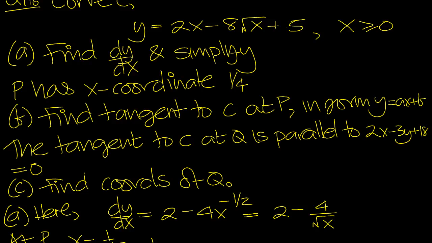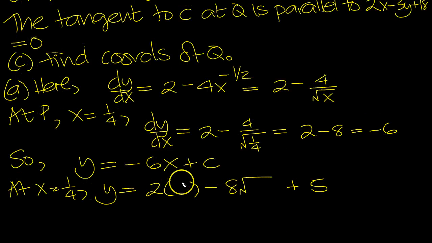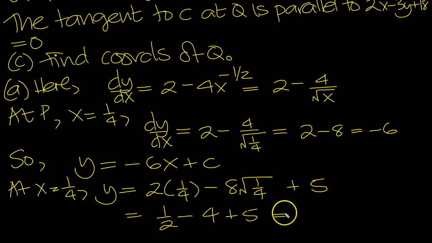Plus 5. X is a quarter, isn't it? Here and here. So 2 times a quarter is a half. The square root of a quarter is a half. 8 times a half is 4. Plus 5. 5 take 4 is 1, 1.5, or 3 over 2.